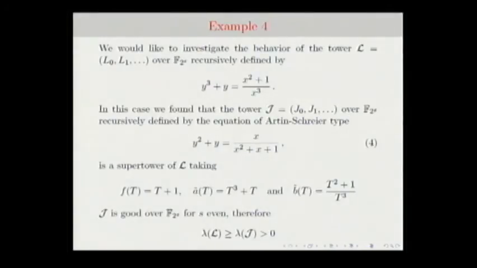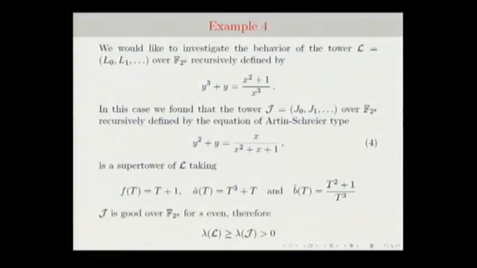This is a proper subsequence, and this subtower was studied by Caro and Garcia in a more general way, but they found that this was a subtower of the previous one. But they said, well, we don't know what happened with this one, which is really similar.